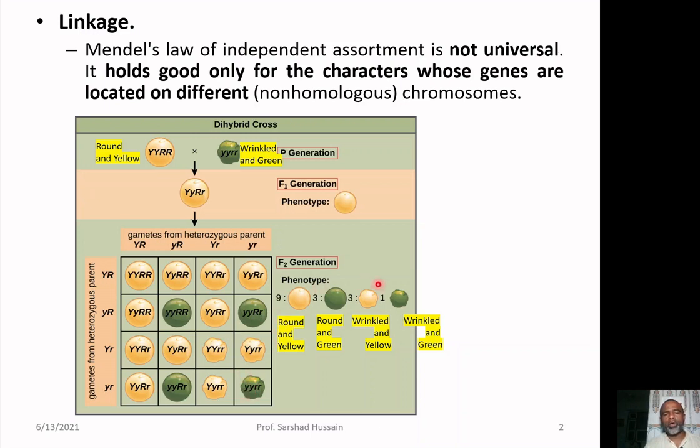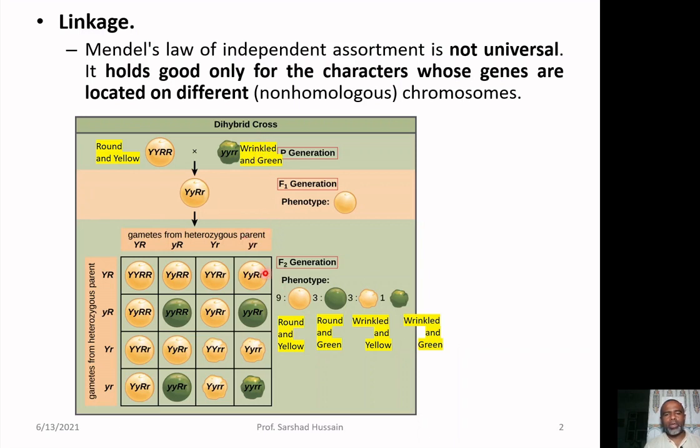So you have four different combinations: round and yellow, round and green, wrinkled and yellow, and wrinkled and green.